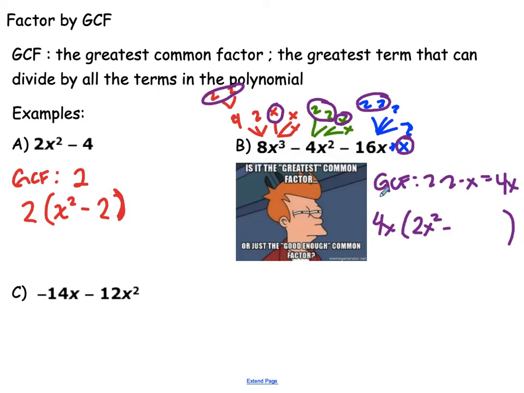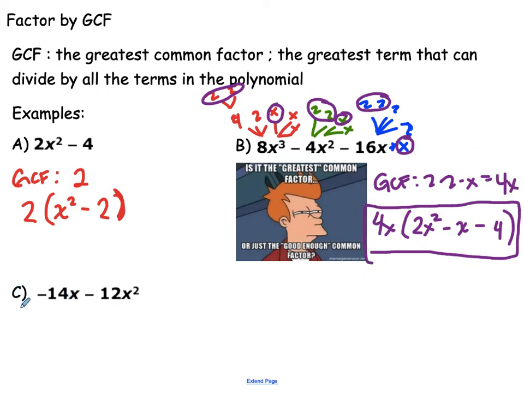Next term: what would we multiply 4x by so we can get -4x squared? That answer is -x because 4x times -x is -4x squared. And finally, we would have to put a -4 here because 4x times -4 is equivalent to -16x. So this is its final factored form, okay?